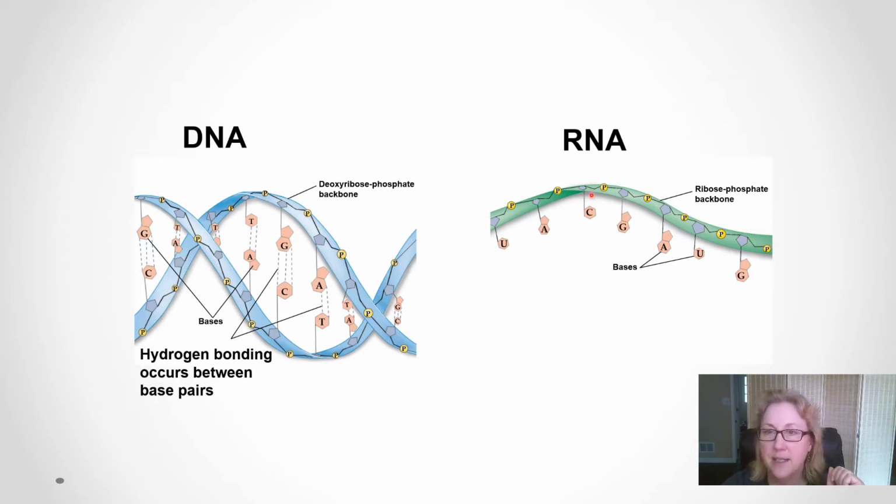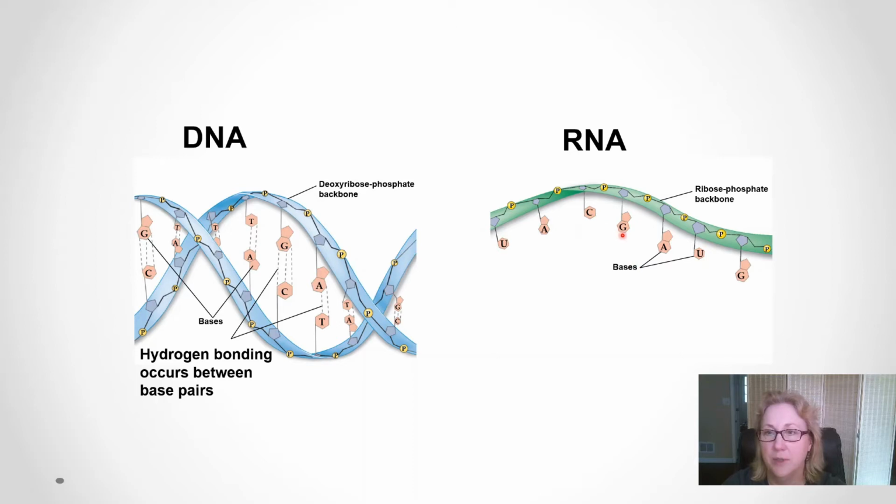RNA tends to exist as a single strand, although there are some exceptions. There are some viruses that have double-stranded RNA as their genetic material. But again, remember, we don't consider viruses to be a living thing. For living things, RNA tends to be a single strand, although it can fold up on itself. So these bases can hydrogen bond with other parts of their own strand in the same way.